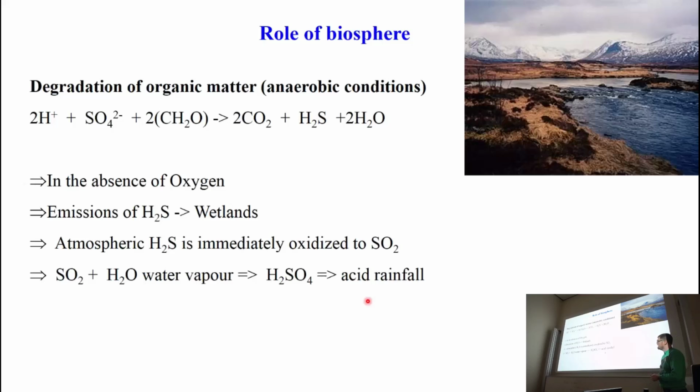And this is important because this is a gaseous species which can get into the atmosphere and immediately oxidize to sulfur dioxide and then sulfate. So this process of emissions from wetlands, but also our emissions from anthropogenic burning and all that kind of stuff, is producing sulfuric acid as these molecules get up into the atmosphere.